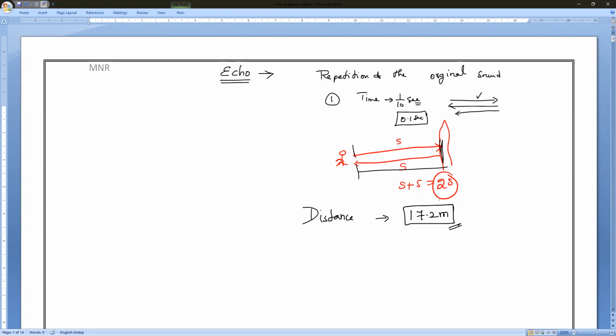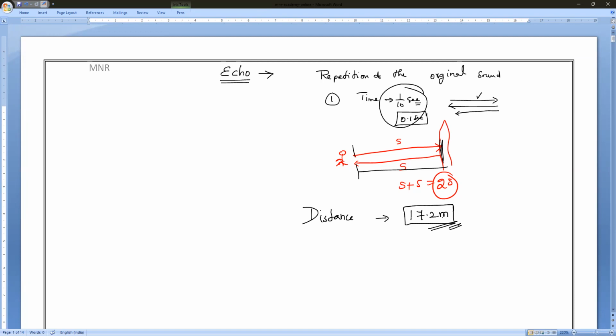Clear, everybody? So these are the major conditions: the time period is 0.1 second, or 1 by 10th of a second, and the distance must be 17.2 meters. These two things you all need to remember. I hope you are clear. Anybody having any doubt, please let me know.